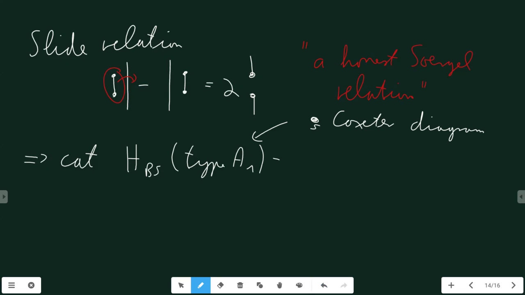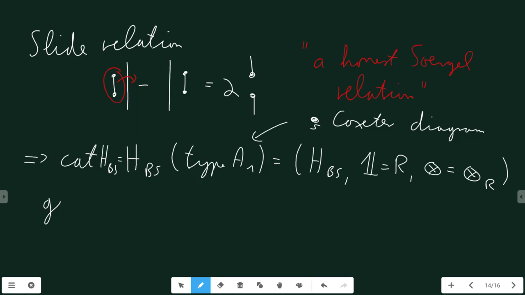This is a monoidal category, and I just call it HBS for simplicity. It has a monoidal unit, which is the ground ring. It has a tensor product, which is a tensor product over our ground ring, and it's generated by BS as an object, which is just a line.